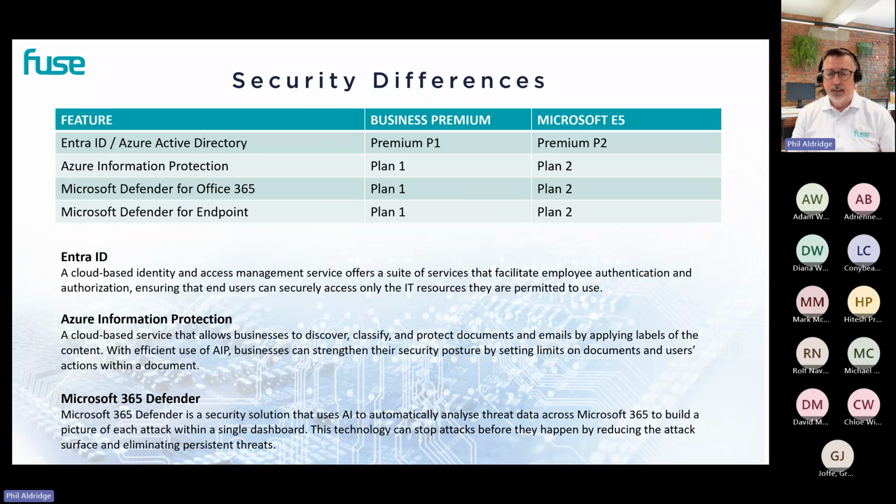So for example, let me give you an example. Defender for Office. Plan 2 adds phishing simulations, post-breach investigation, on top of what Plan 1 offers. So Plan 1, which comes with Business Premium, protects your email from zero-day malware.